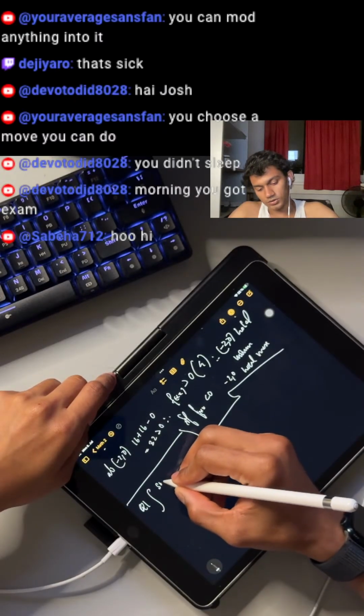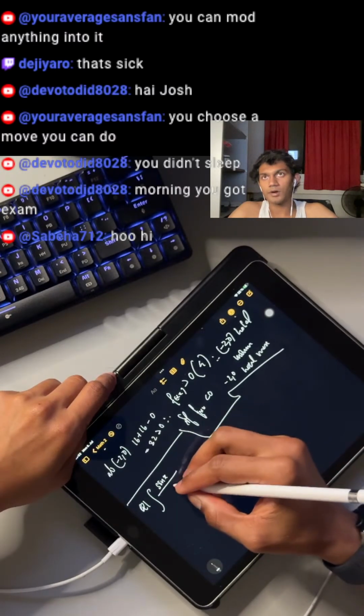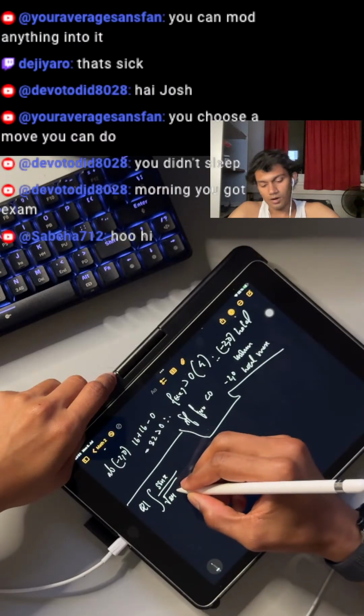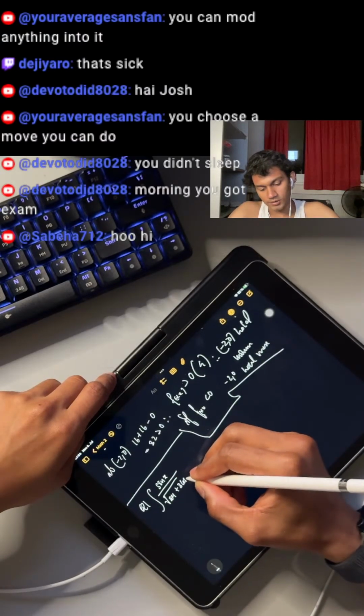Integral of sin x root of 24 plus 3x cos x.